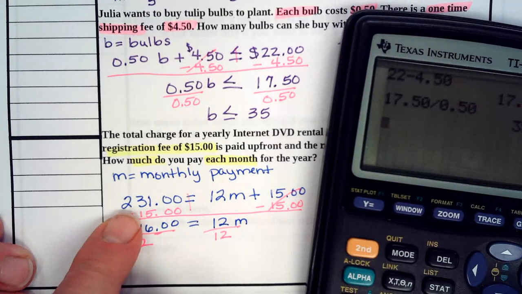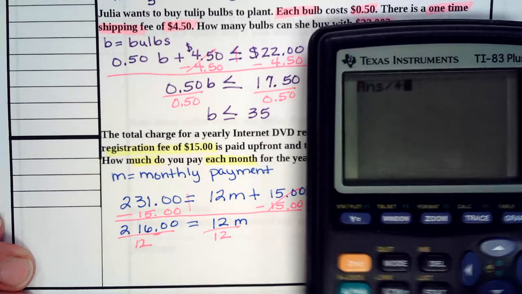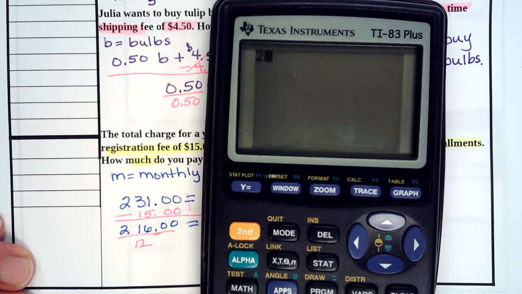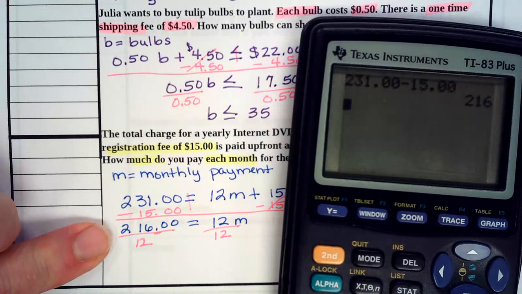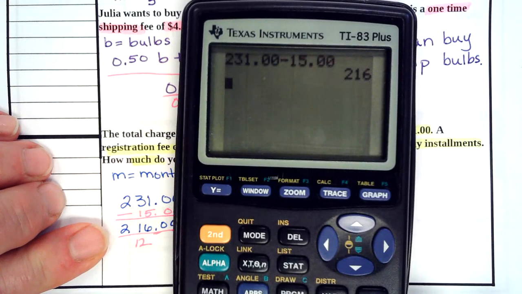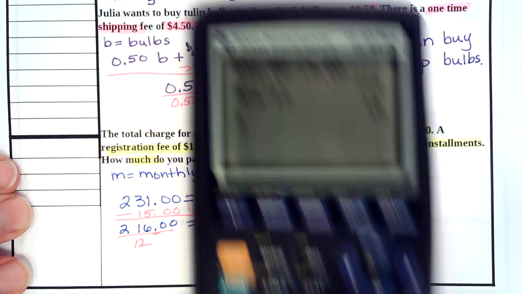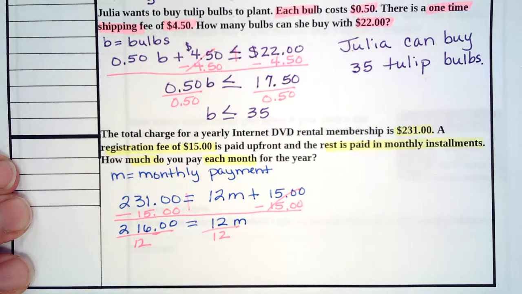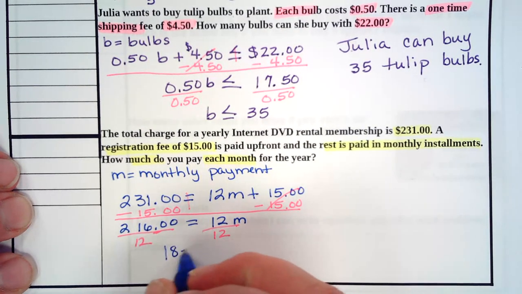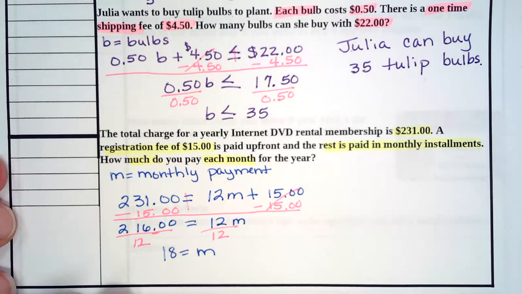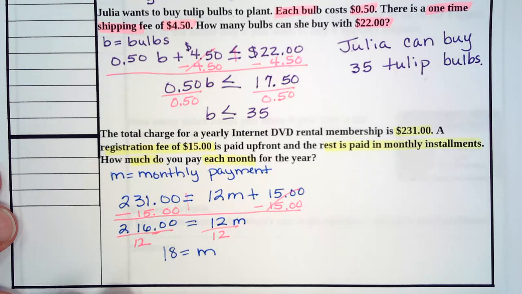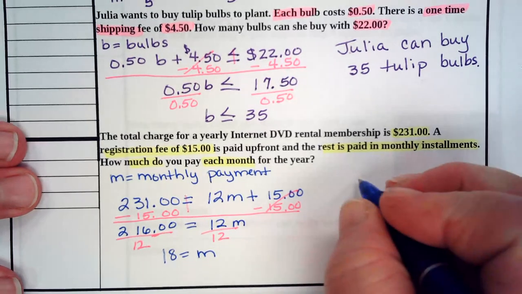I am going to check my math though. 231 minus 15 is equal to 216, so that was right. Now, I have to take and divide that number by 12, and I get $18. But what does that mean? Well, it means the monthly fee will be $18.